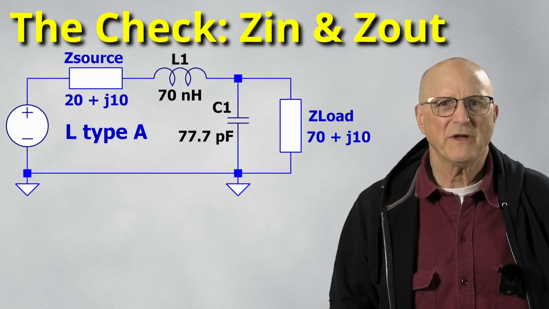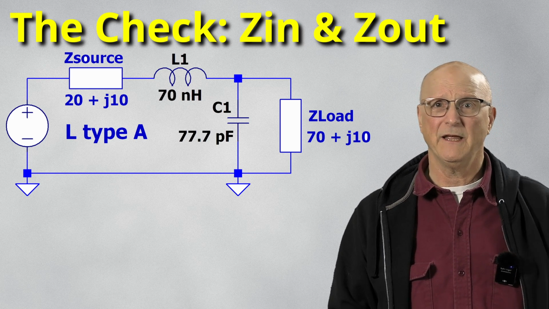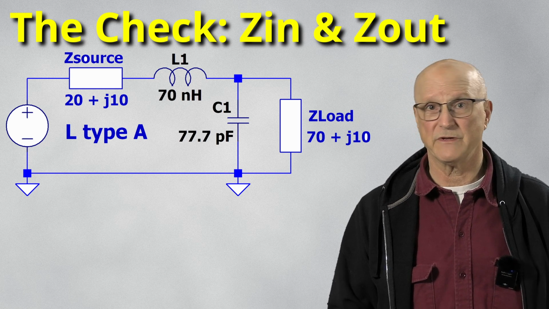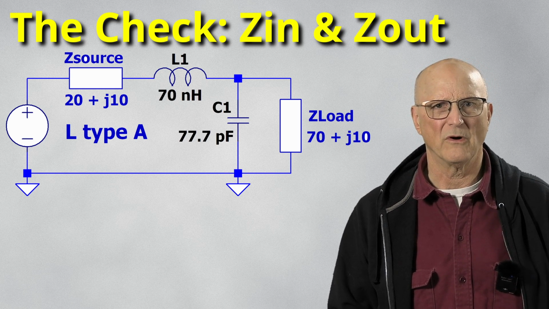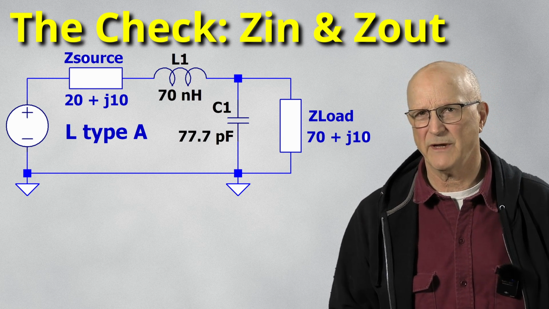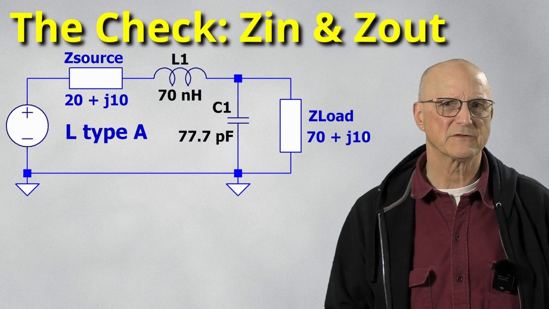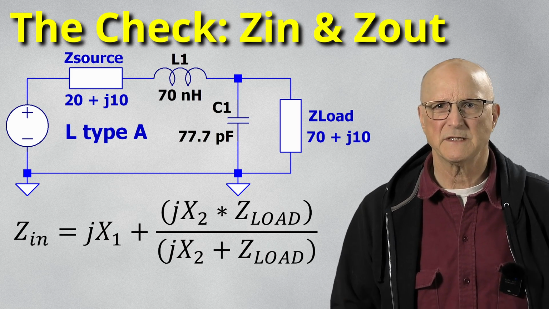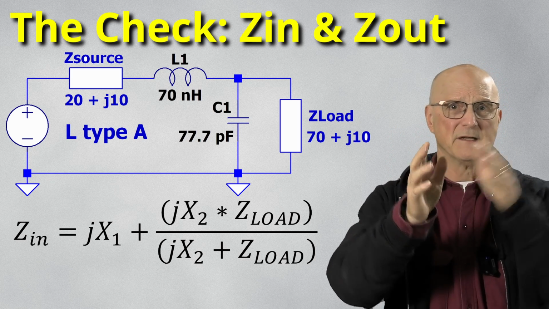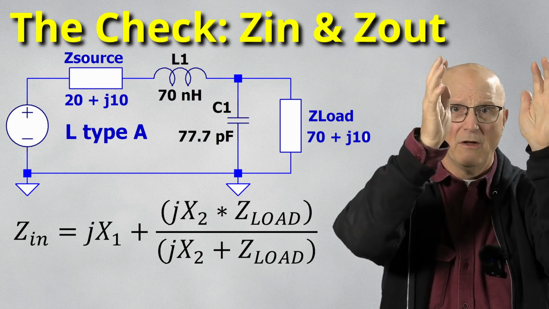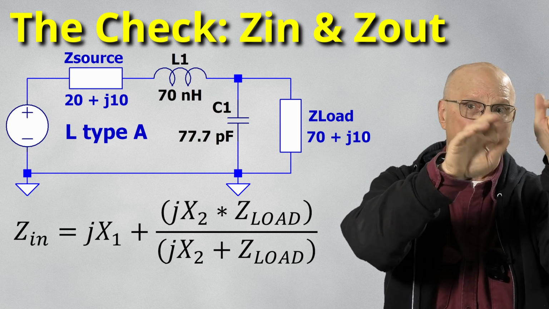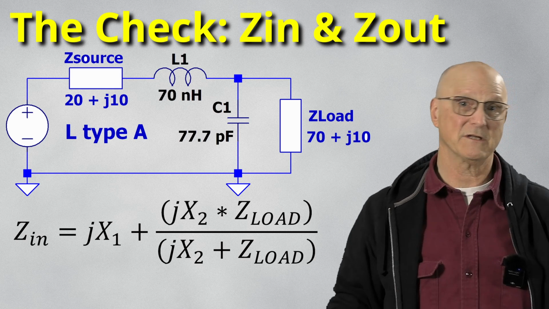picofarads. You can check your work by calculating the input and output impedances either in the normalized world of the Smith chart or in the real world. This takes a bit of circuit analysis and some complex math. Here are my results. The input impedance is equal to JX1 plus this whole quantity, JX2 times the impedance of the load, divided by JX2 plus the impedance of the load.